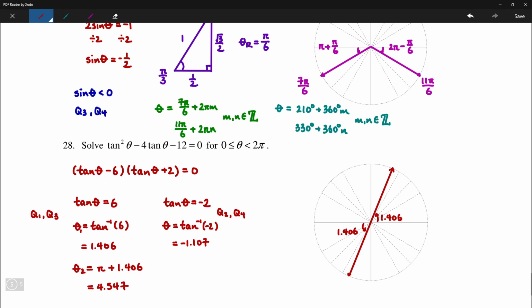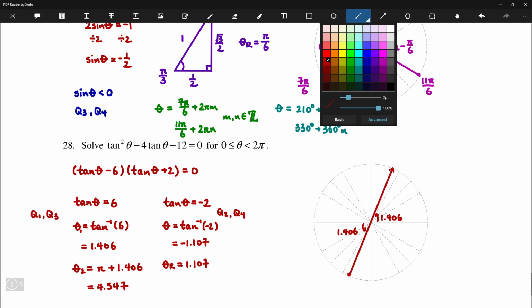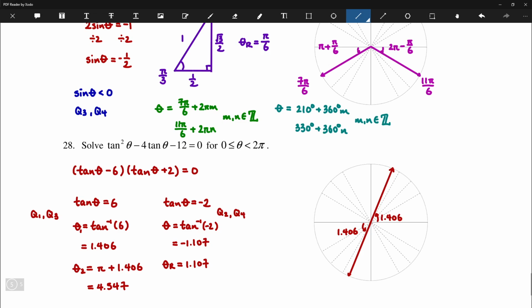That means for the solutions in quadrants 2 and 4, the reference angle for those two will be 1.107. Okay, so let's use a different color for those two.